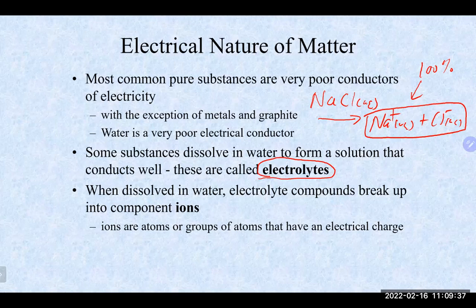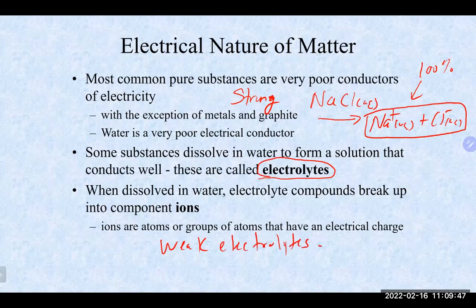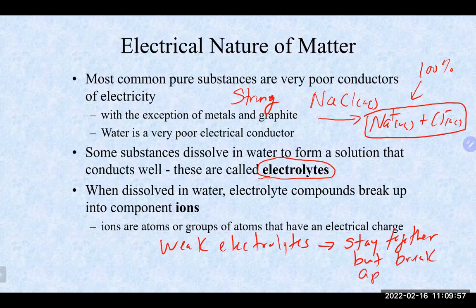There are also weak electrolytes. Weak electrolytes mainly stay together, but break apart a little.